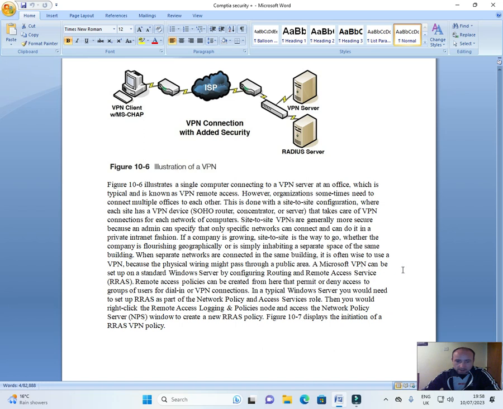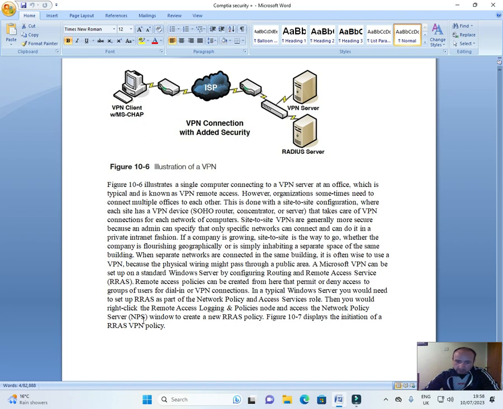A Microsoft VPN can be set up on a standard Windows server by configuring Routing and Remote Access Service, RRAS. Remote access policies can be created from here that permit or deny access to groups of users for dial-in or VPN connections. In a typical Windows server, you would need to set up RRAS as part of the Network Policy and Access Services role.